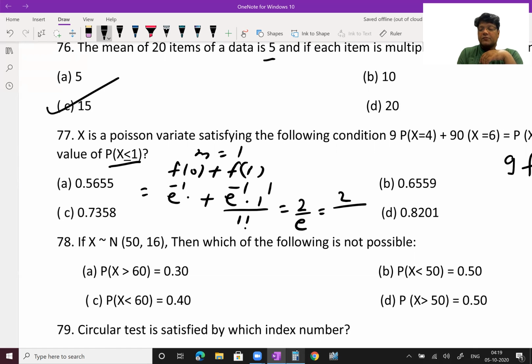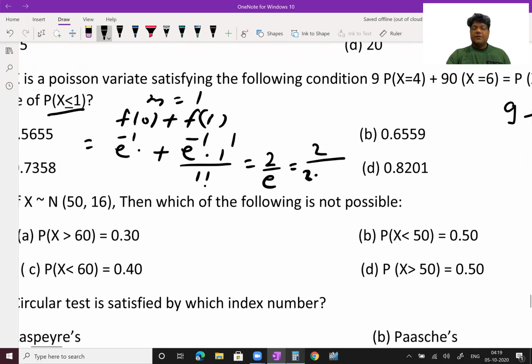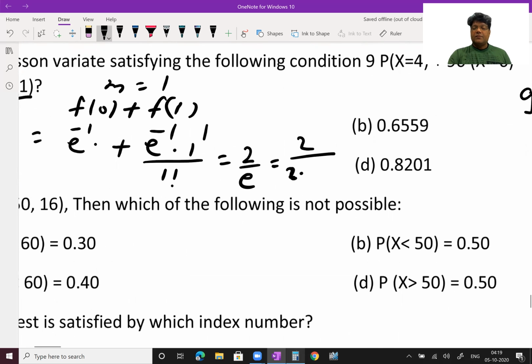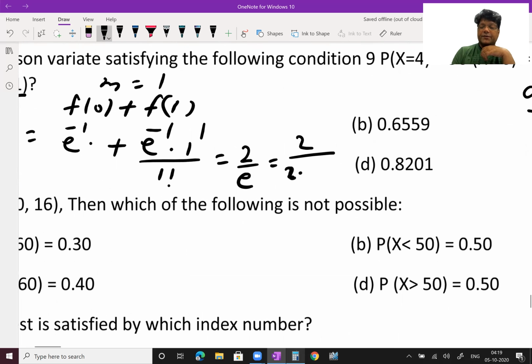That is 2 divided by 2 point, wait, e value you remember, guys, the value 2.318.